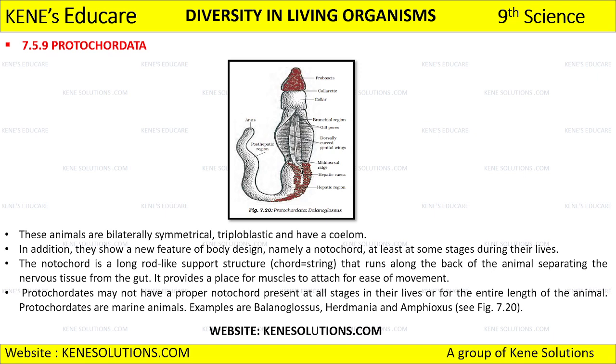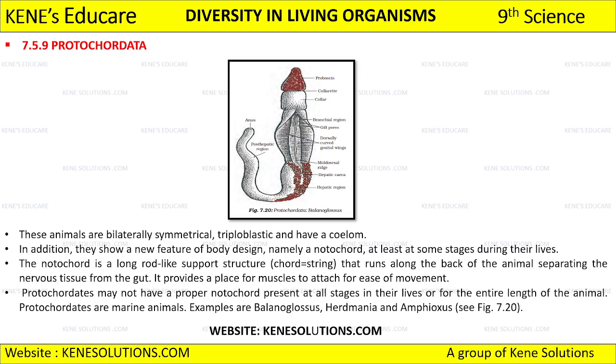So, protochordates may not have a proper notochord present at all stages in their lives or for the entire length of the animal. They only have it at some stages during life, not throughout. Then, protochordates are marine animals, and examples of protochordates include Balanoglossus, Herdmania, and Amphioxus.